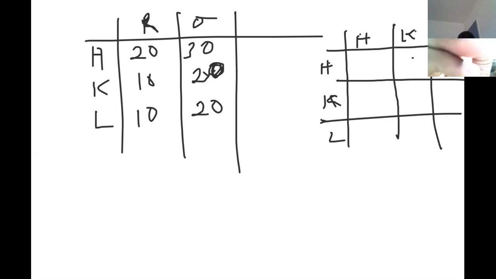The same here, 0.5 positive. And L has a correlation of negative 0.5 with H. L and then H has a negative 0.5. Negative 0.5. Oh, why?